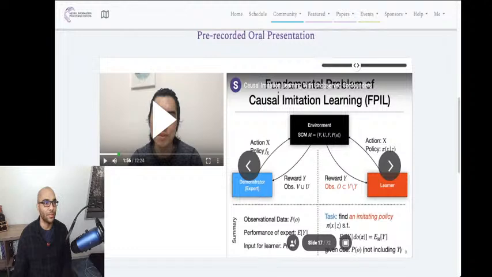So reward here is indicated by Y. We observe both V. Oh, okay, maybe V and U are not exogenous and endogenous. Maybe we're splitting our variables into sets that the expert observes, but maybe not. Okay, no, that's not true. See, even U they observe. So maybe U here are some confounders.